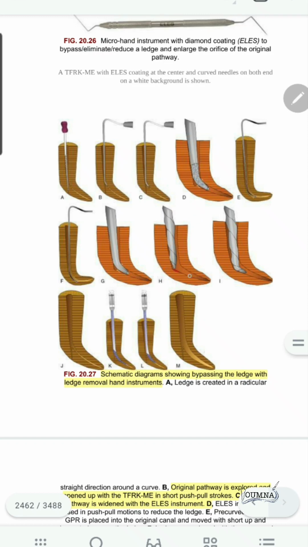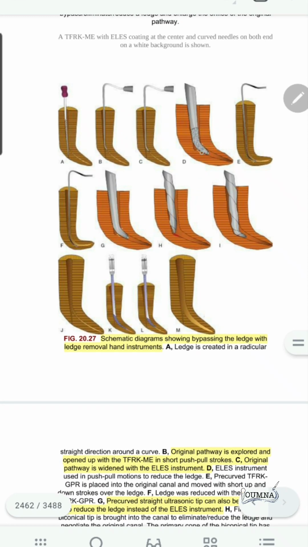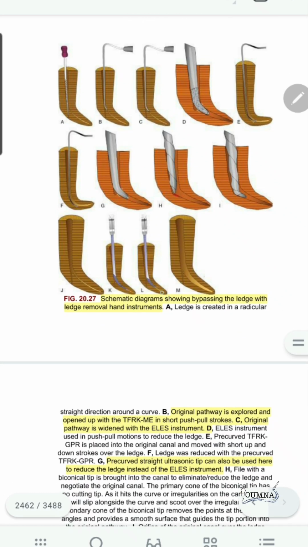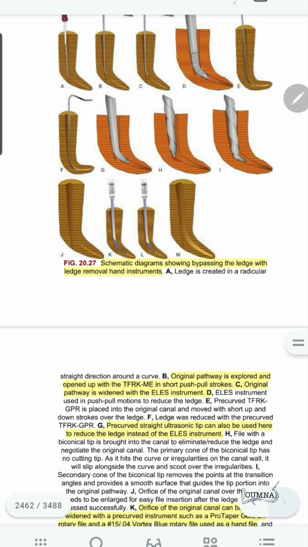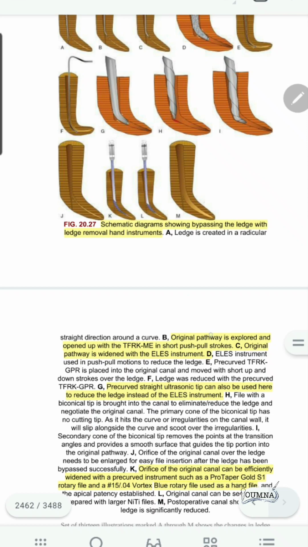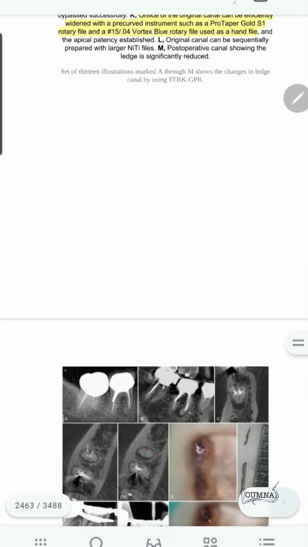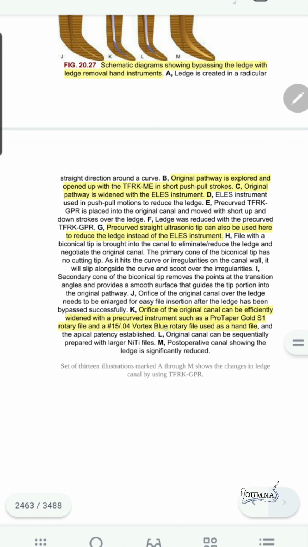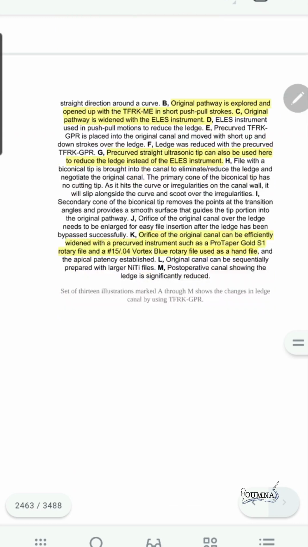After that, we use an S1 rotary file to do a preparation to reduce the ledge. At the end, we gain the patency using a rotary file, the blue one, but using it manually. The reason that we are using a rotary file manually is to get benefit of the elasticity that the rotary file has, so that it can get along the shape of the canal.